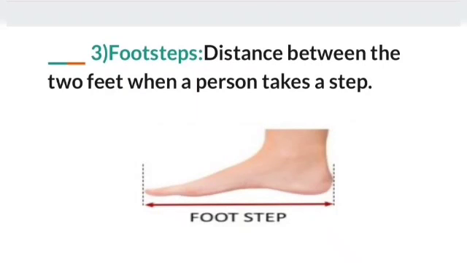And another one is footsteps or footspan. So what is footstep? The distance between the 2 feet when a person takes a step. This is called footstep, as shown in the figure.